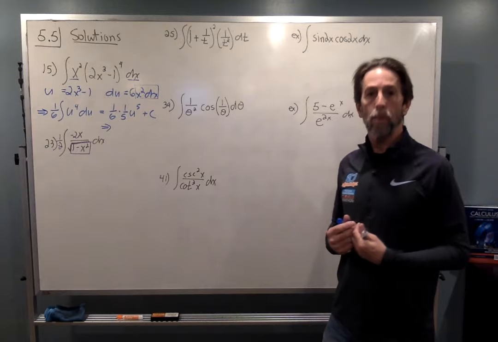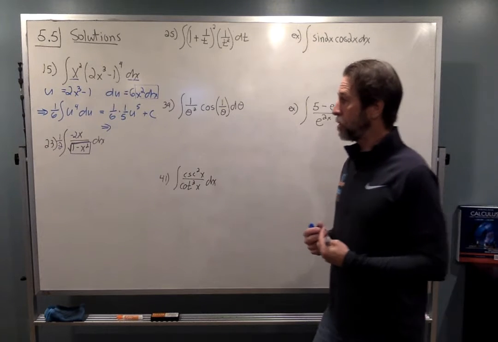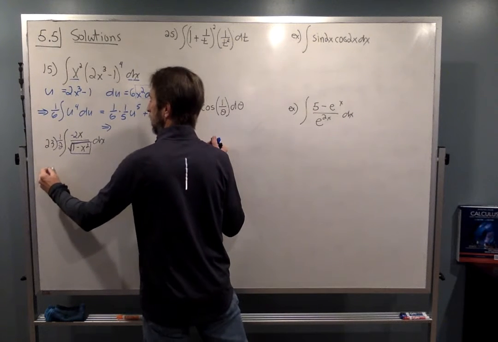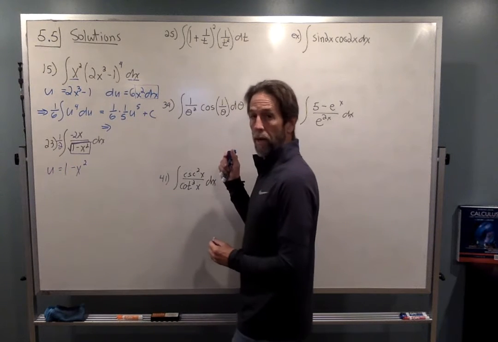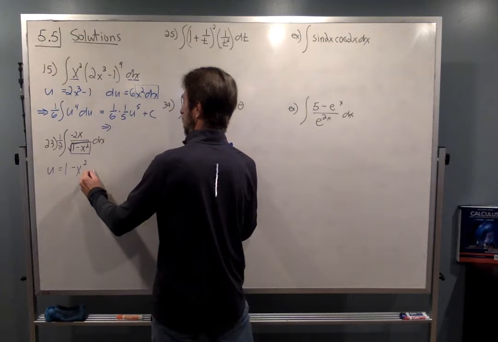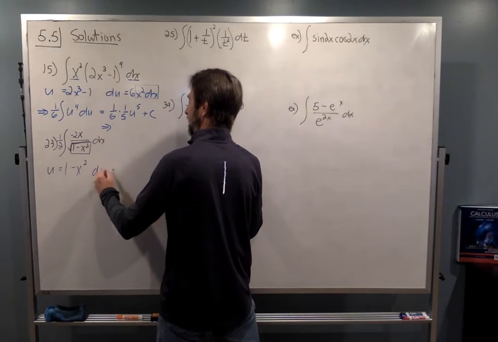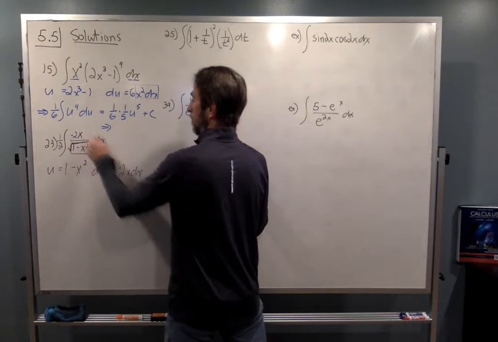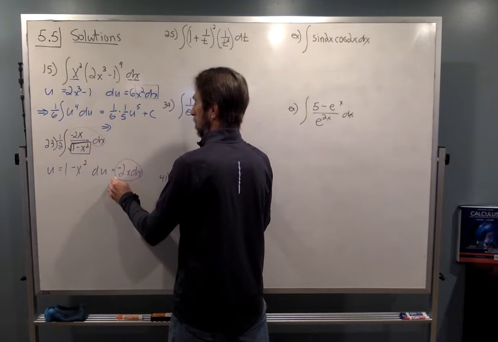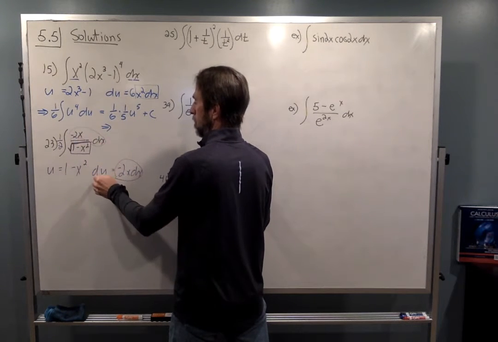That's just another option for writing out a u substitution. So if I go ahead and complete it, though, I could let u be 1 minus x squared. du is negative 2x dx. Now I kind of have it. So I can replace all of this with just du.